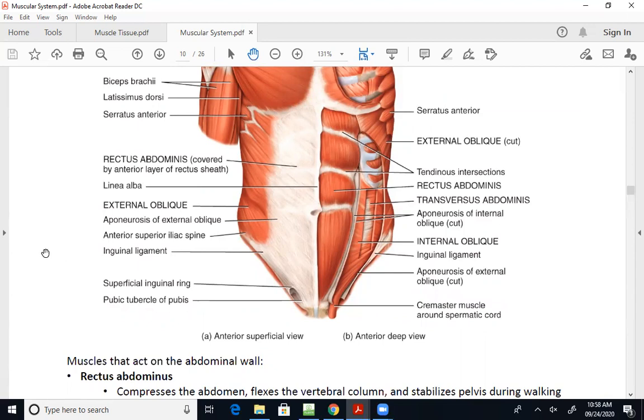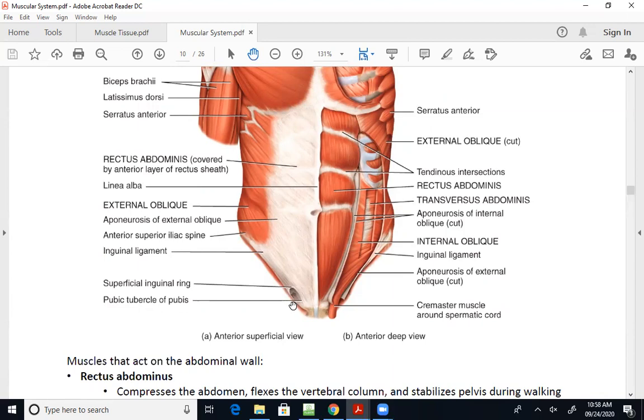The testes actually originate and develop inside of the abdomen. Then they descend down through these openings on the way, so these actually connect to the scrotum. There are blood vessels, nerves, and a tube that carries the sperm from the testes up into this opening, around the bladder, and then back down towards the penis.